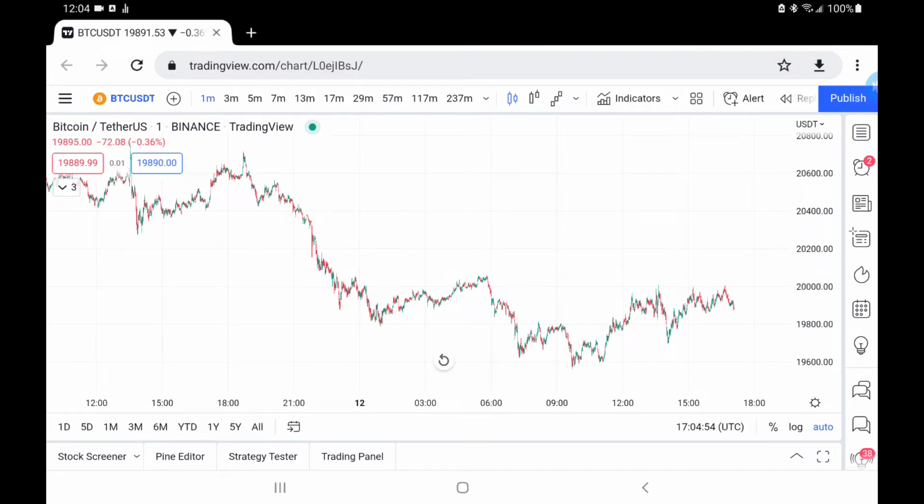Today I'm going to talk about an interesting combination of indicators that creates a unique recipe using Jackrabbit. This combination is actually very aggressive or very defensive.